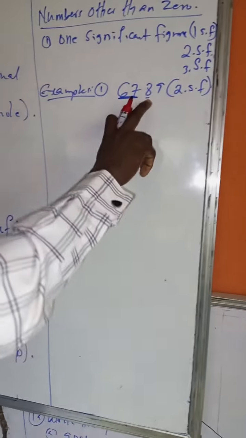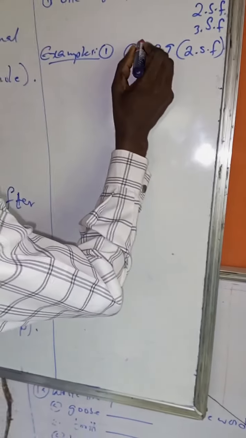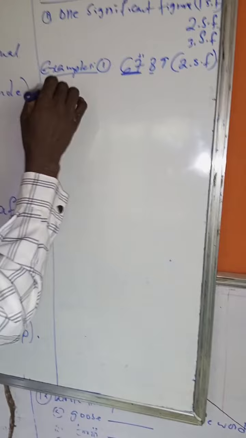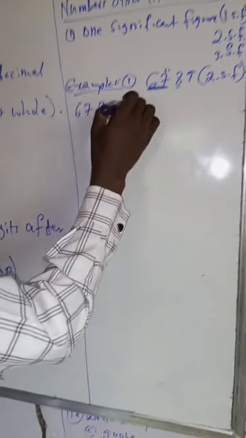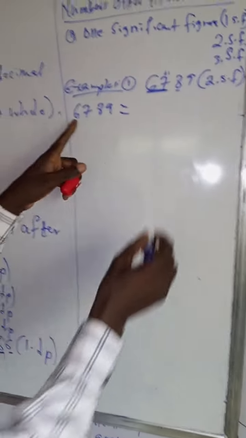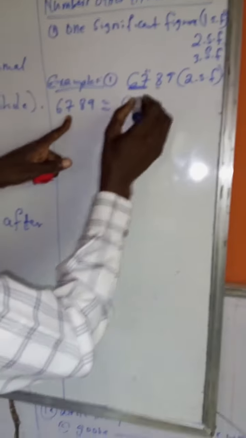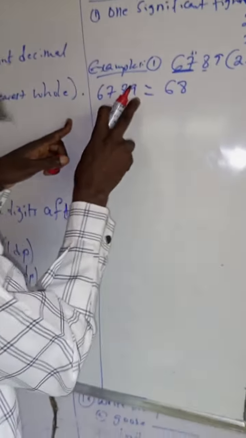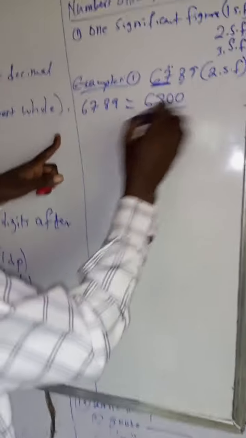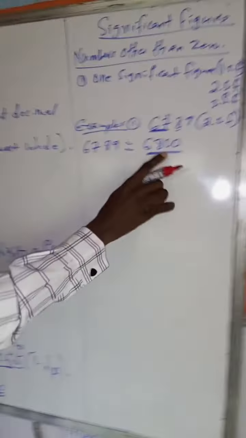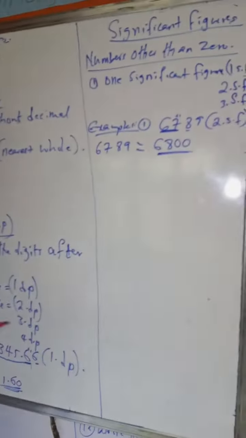If it's up to 5, we'll make it 1 and add it to the one before it. So 6, 7, 8, 9 is approximately equal to 68, then the remaining numbers will change to zeros. This 8 represents 0, 9 represents 0.